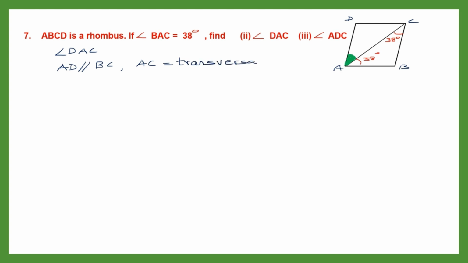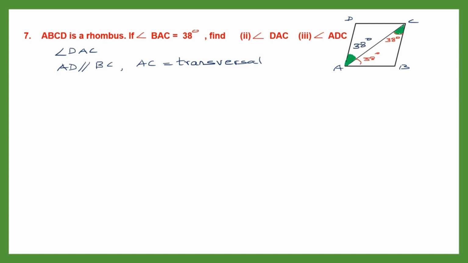So what we are trying to show here is two parallel lines cut by a transversal. That means we can apply the property of transversals. This angle here, 38 degrees, and this angle will be alternate angles, isn't it? Applying the property of parallel lines, they will be alternate angles, so this will also be 38 degrees.